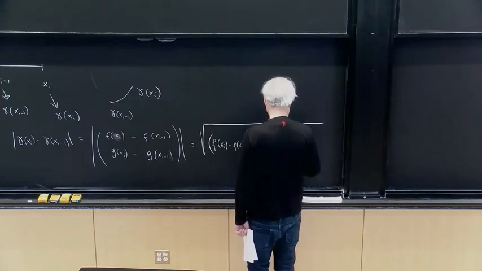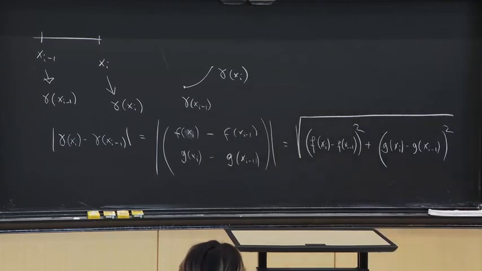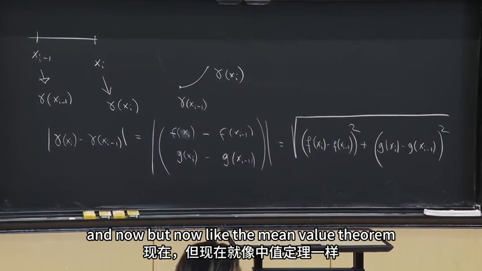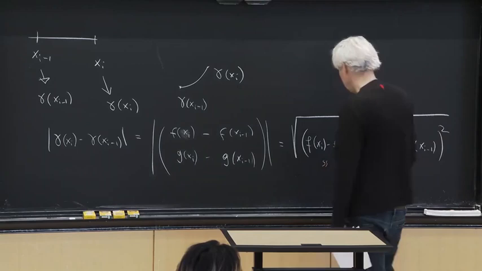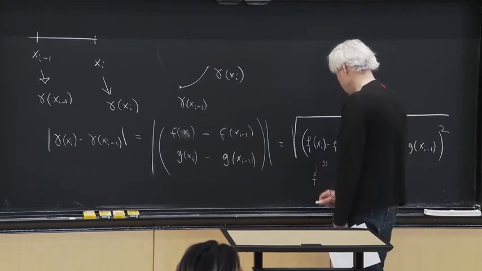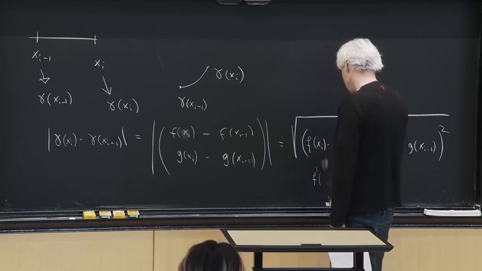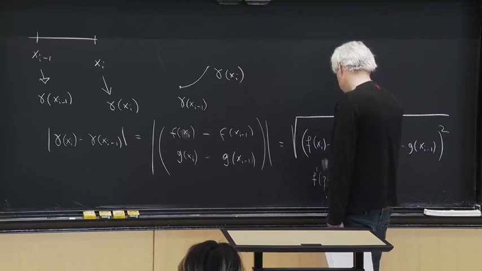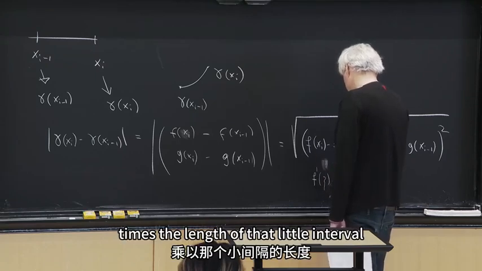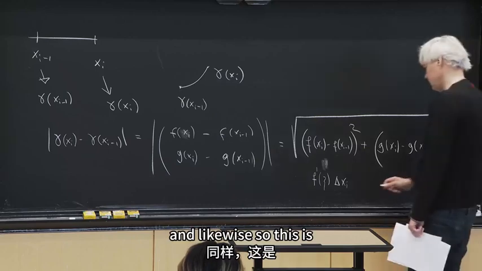Now the mean value theorem tells you that this difference is equal to the derivative at some intermediate point times the length of that little interval, delta x_i.